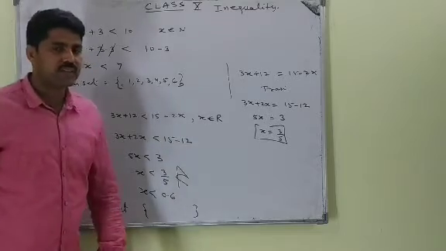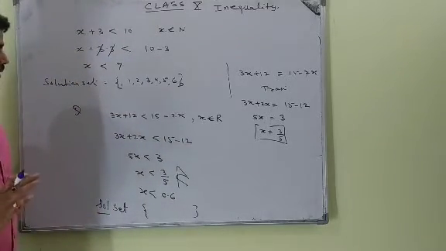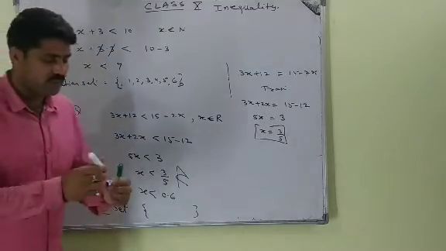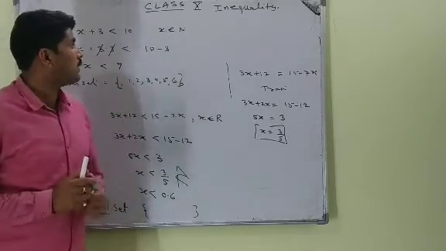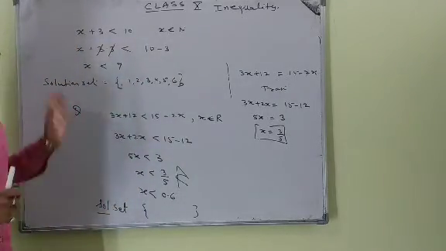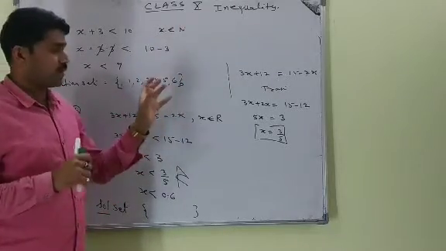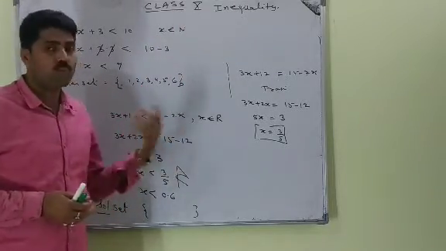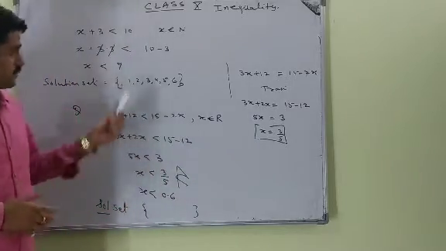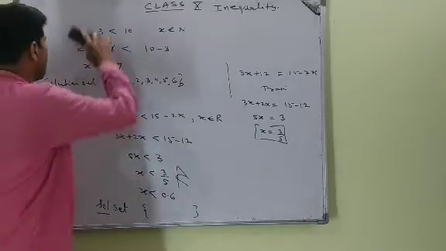But we can represent this on the real number line. I am telling you how you represent the given solution set on the real number line when the variable belongs to the natural numbers, whole numbers, or real numbers. Next example I am telling you.